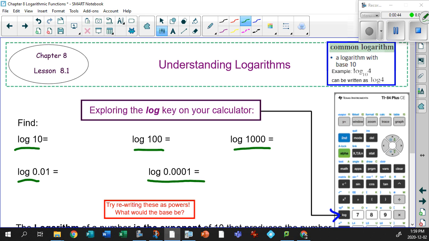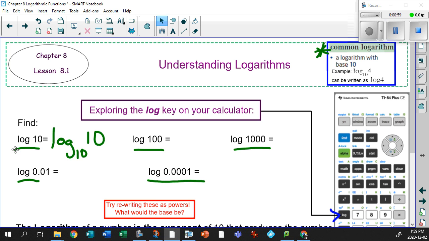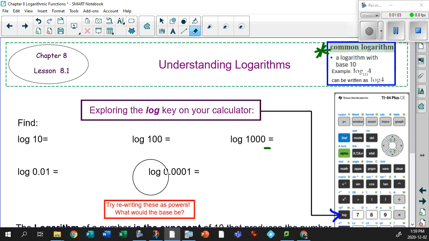Because we're dealing with the common logarithm, you always expect this to be written as log base 10 of 10. So instead of writing out log base 10, you just assume it to be 10. All of these are base 10s, which is going to bring us to our nice common logarithm, which is that guy right there.